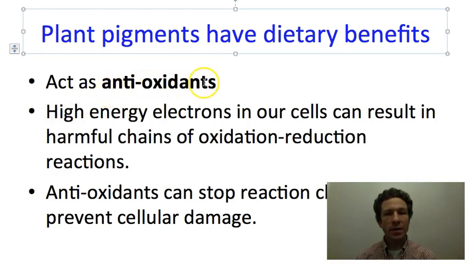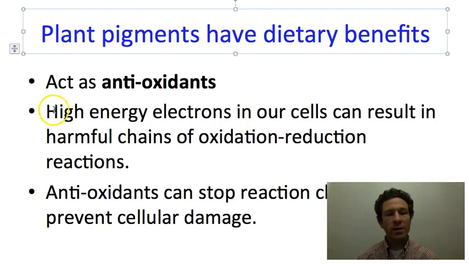And antioxidants, what this means is that these are compounds that help stop unwanted oxidation reduction reactions. You already know that in oxidation reduction reactions, electrons are pulled off one molecule and put on another molecule.